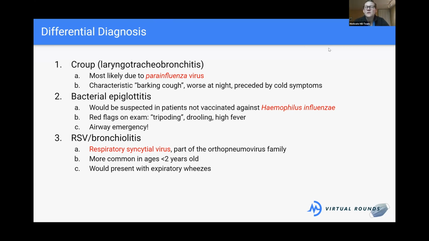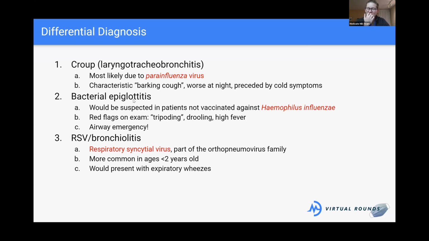And as we heard in the history and observed a little bit in the video from the exam, there's this very characteristic barking cough that tends to get worse at night and is preceded by cold-like symptoms that maybe are around for a day or so. And then the cold symptoms tend to get better, but then the cough itself ends up getting worse. So that's croup. The second thing that we want to look out for is something called bacterial epiglottitis.